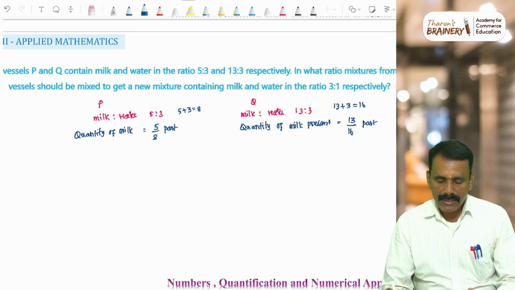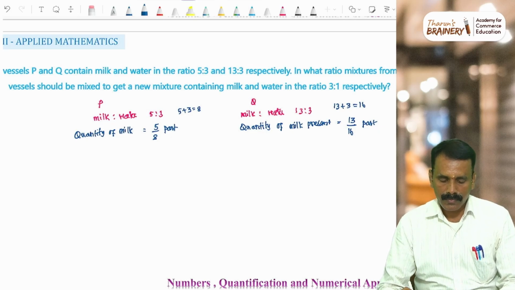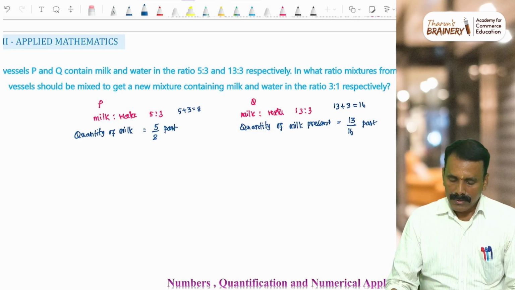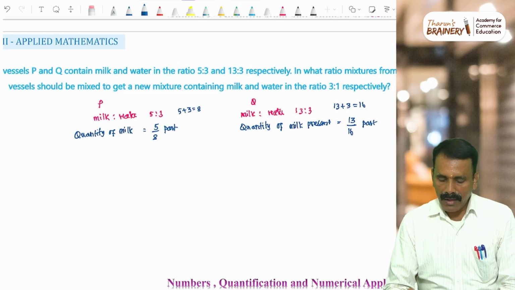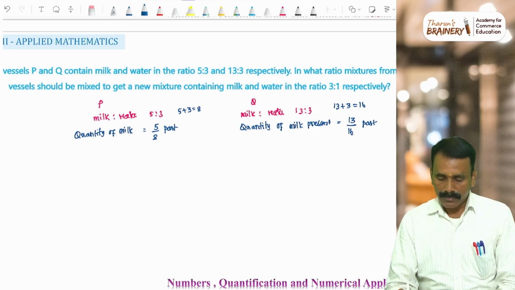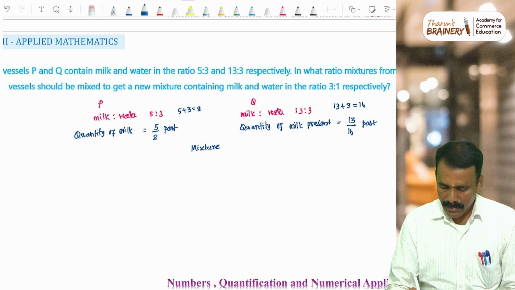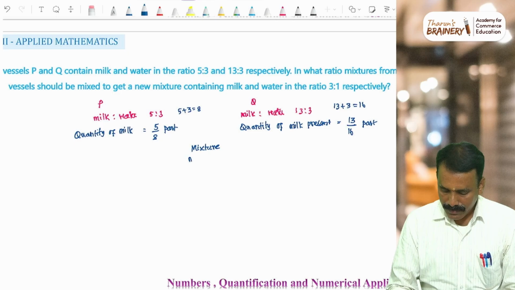Now we are going to mix these two, milk from P and Q in a certain ratio, so that the new mixture will have the milk and water in the ratio 3:1. So the new mixture is going to have the ratio milk to water 3:1.